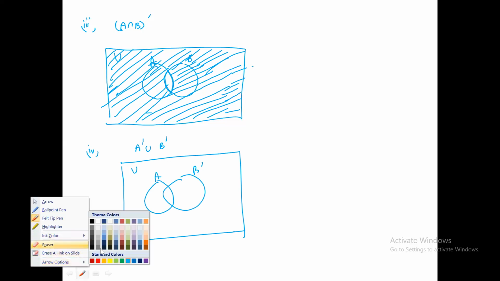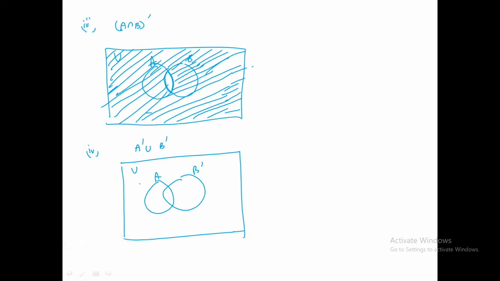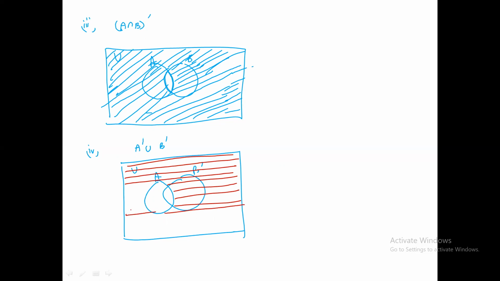So first, A dash. Don't shade A; apart from A, shade everything else. Now union B dash.